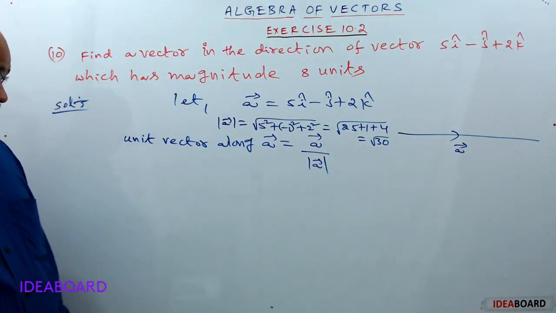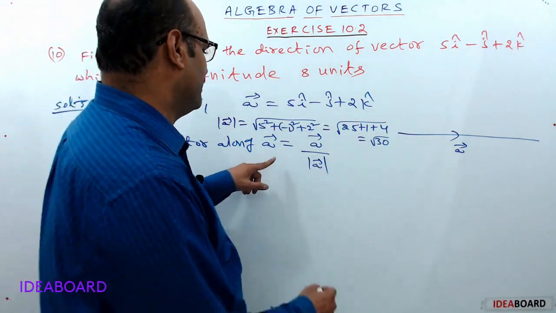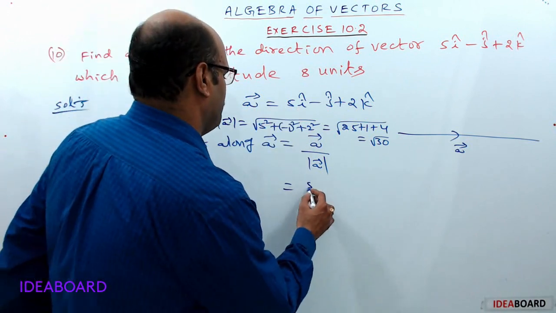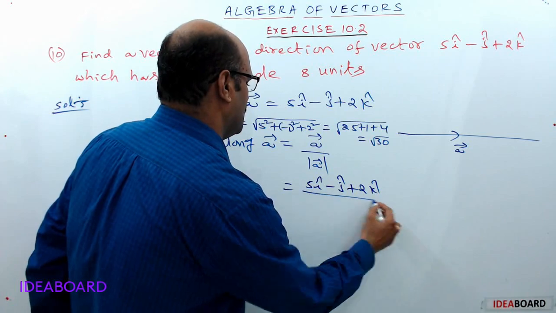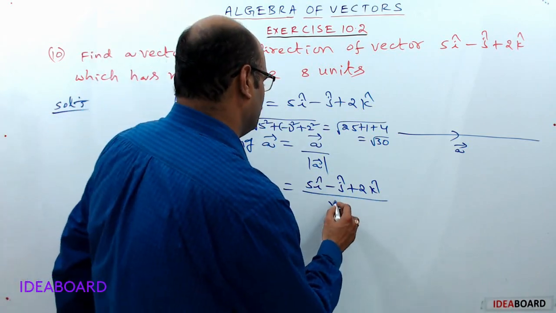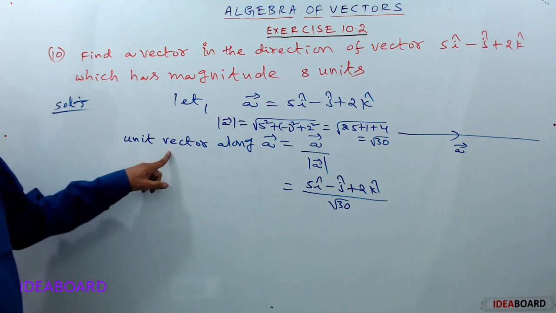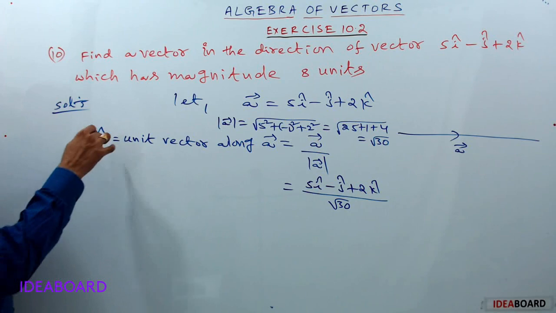Now A cap equal to 5i cap minus j cap plus 2k cap upon square root of 30, which is denoted by A cap.